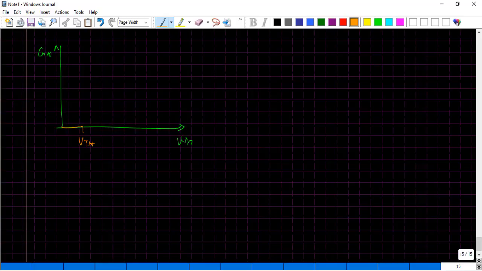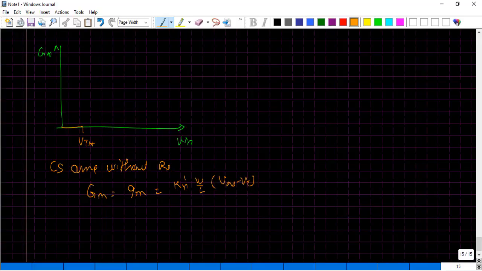But beyond Vt, we know that the Gm of a CS amplifier without source resistance Rs is nothing but Gm itself. And we know the definition is given by K dash W by L, and it's basically directly proportional to VGS minus Vt. Because of this direct proportionality between Gm and VGS, it leads to a line like this.